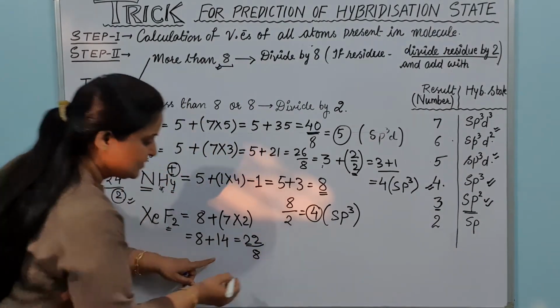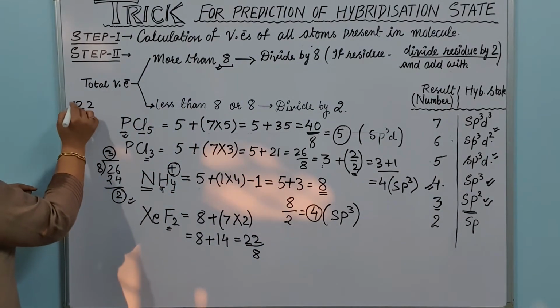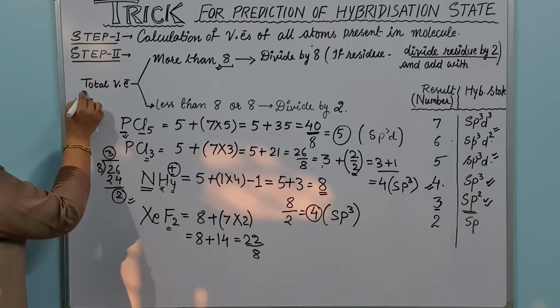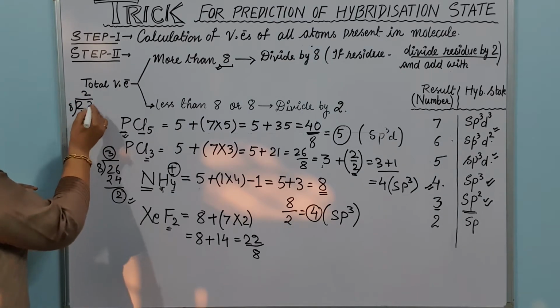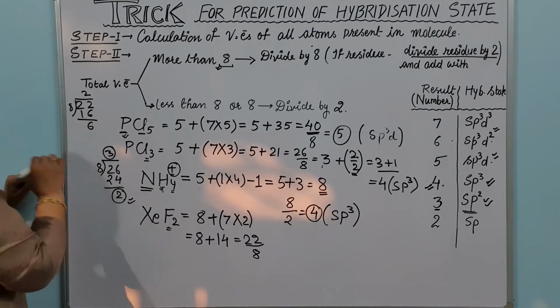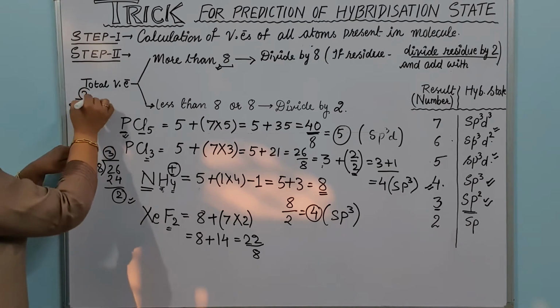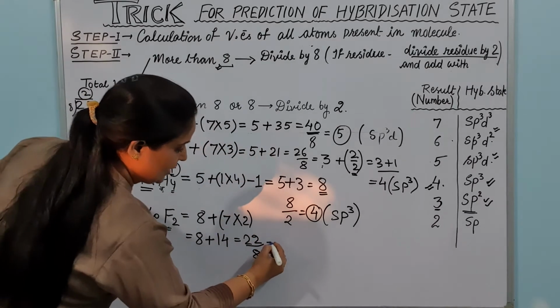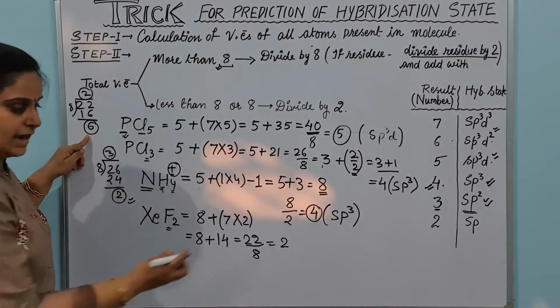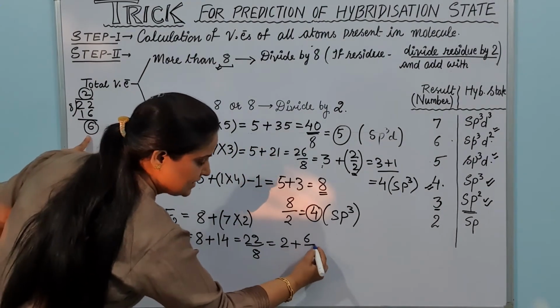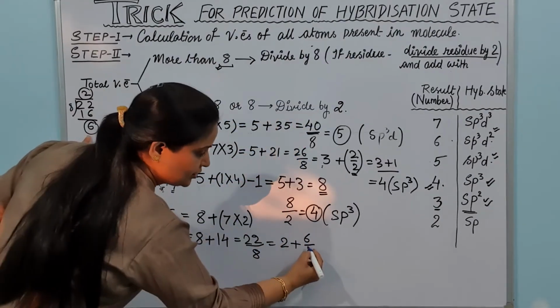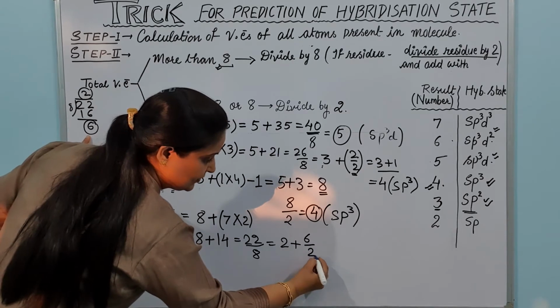So the answer comes out as 22 divided by 8. 16 and the residue is 6. So 6 is the residue, 2 is the answer. So I am getting 2 and 6. This residue 6 is going to be divided by 2.